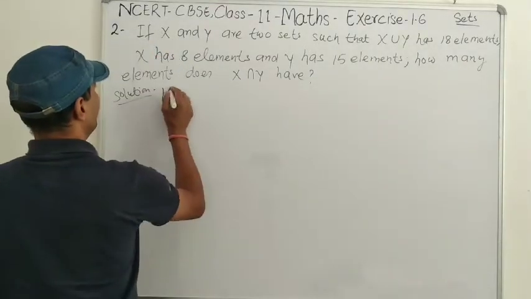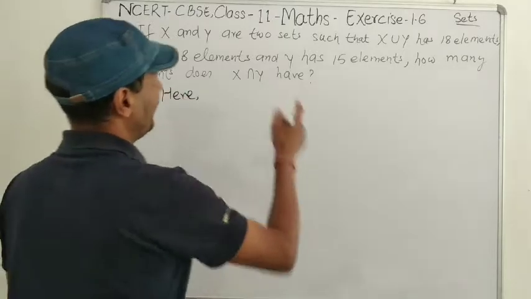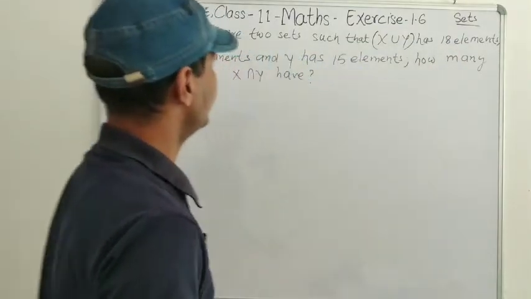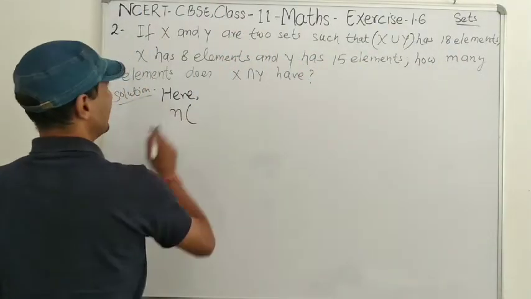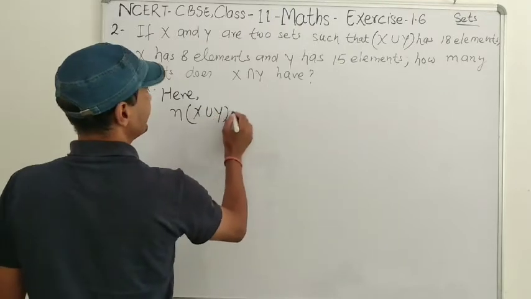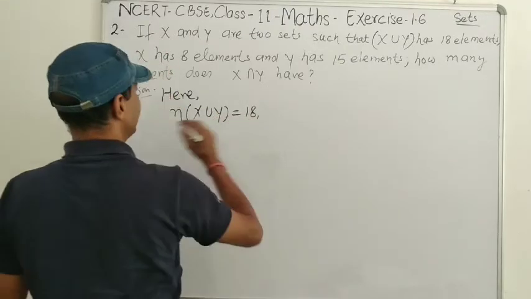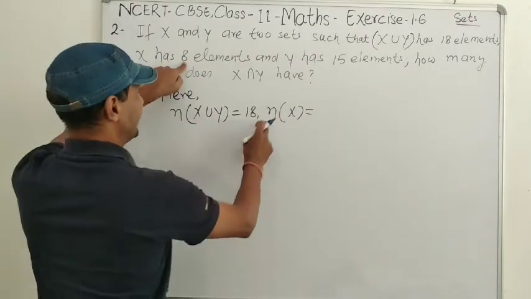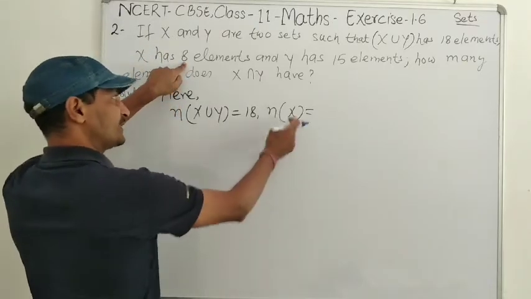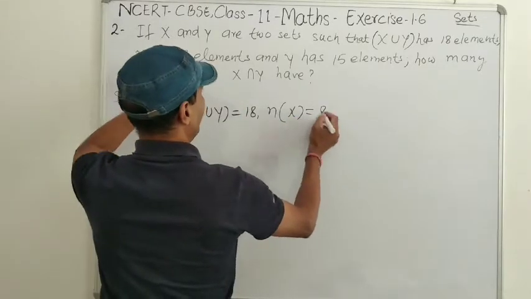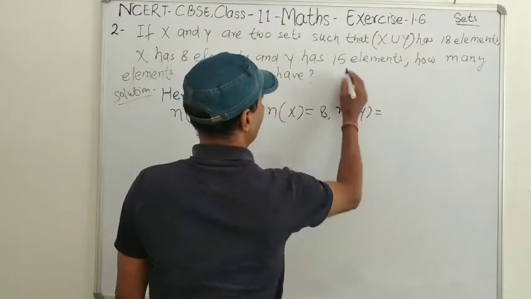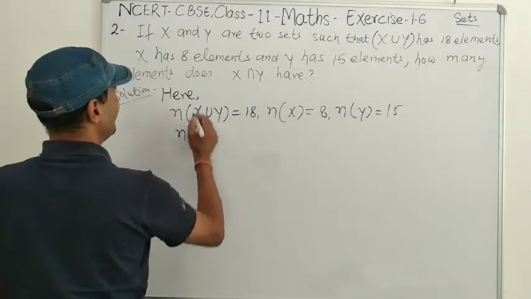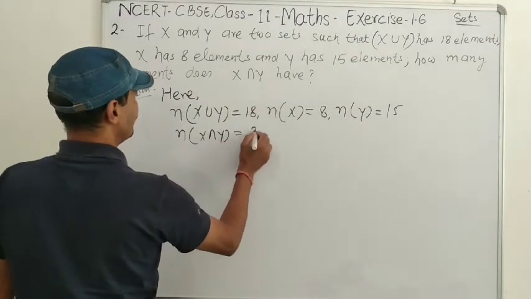So we write here, n(X union Y) equal to 18, n(X) equal to 8, meaning the number of elements in set X is 8, and n(Y) equal to 15, and we have to find out how many elements are in X intersection Y.